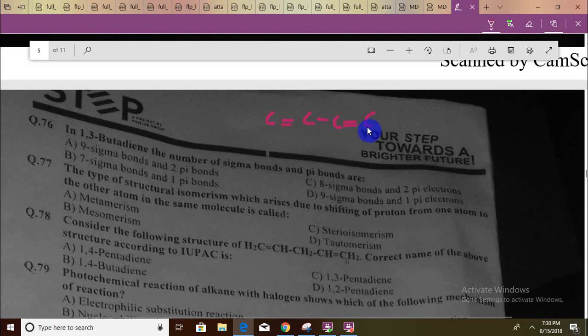So how many sigma bonds and how many pi bonds? 1, 2, 3, 4, 5, 6, 7, 8, 9. There are 9 sigma bonds, and how many pi bonds? 1 and 2. We have 2 pi bonds, we have 9 sigma bonds.